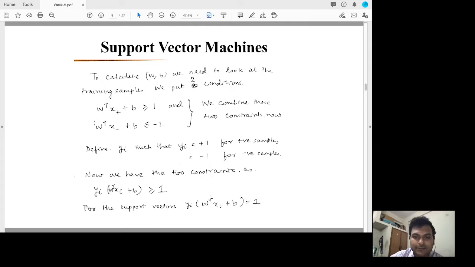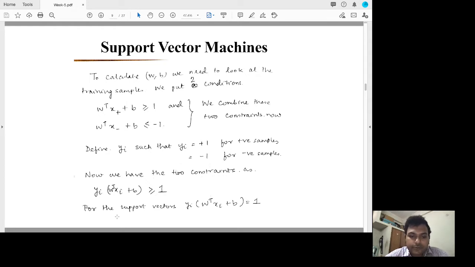Am I correct? Okay. Is everybody clear with this, or are there any doubts? Yeah, clear. Which is why you can combine these two constraints with this variable yi to get a single equation for these two constraints.